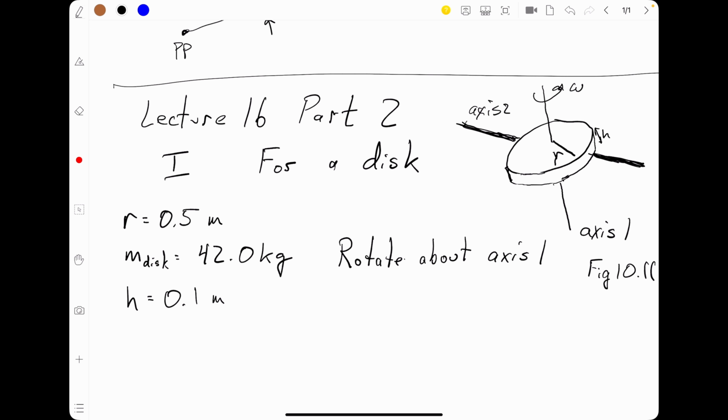We're going to go to this figure 10.11. Okay, so figure 10.11 in the book. You're going to go there and you're going to look for the second thing down from the left on the first column, the second one down.